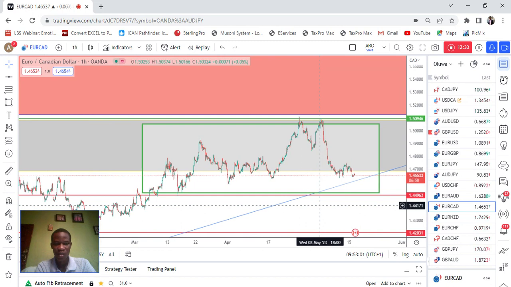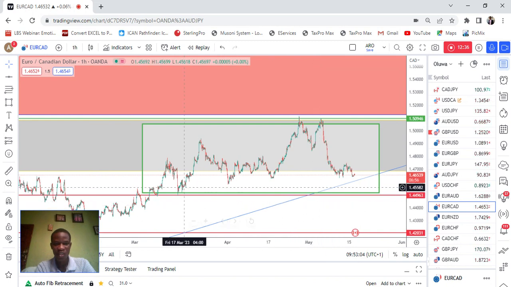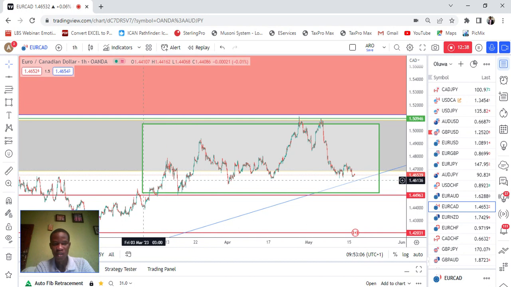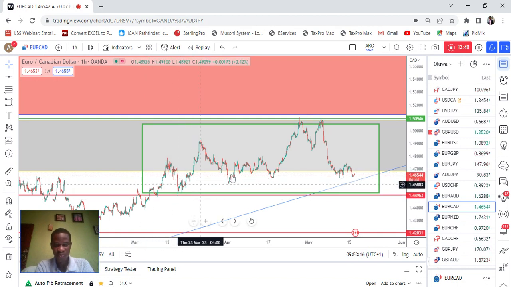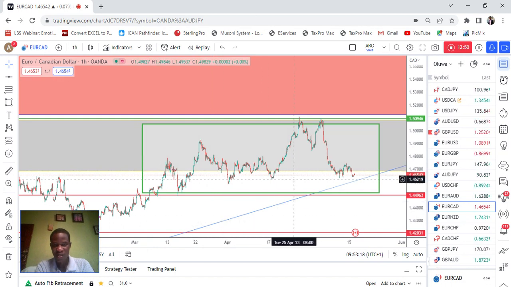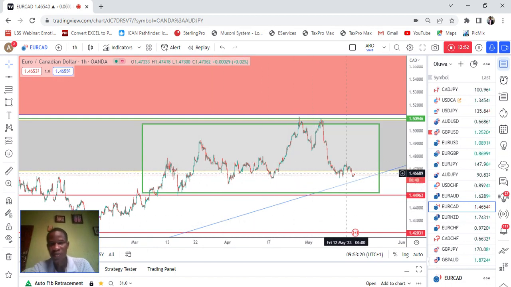Just a range moving within this box for the past, let's check, from this area since March 6th. The market has been moving within this box and does not create any trend.